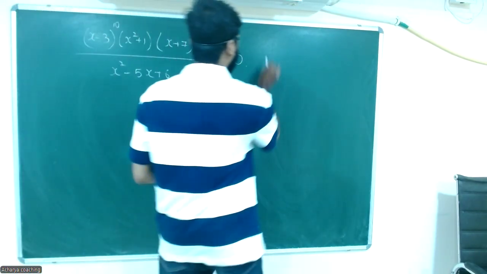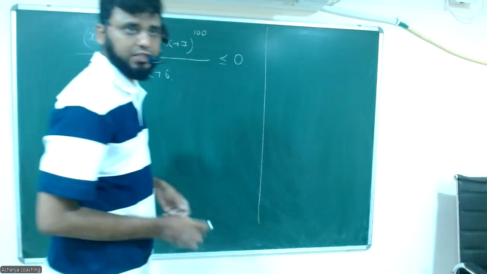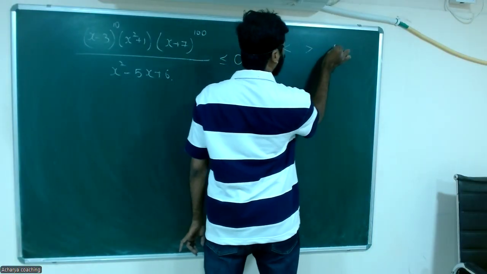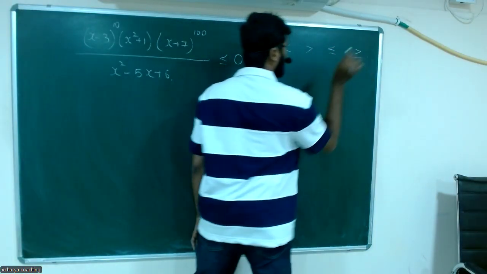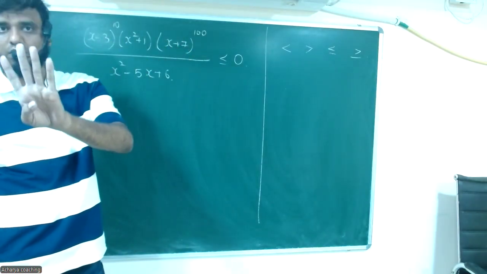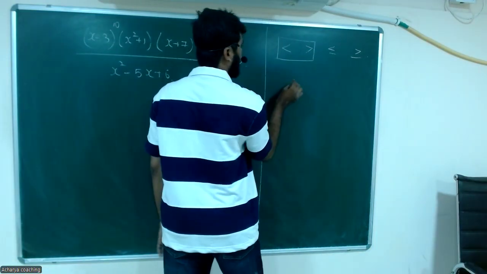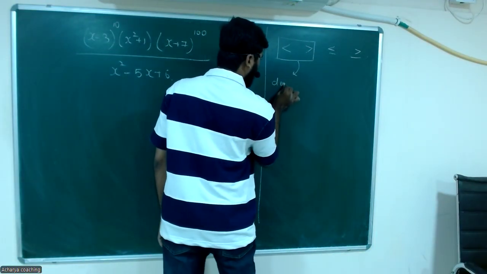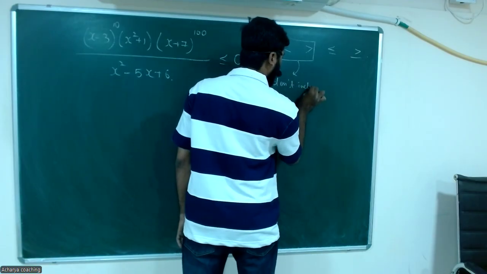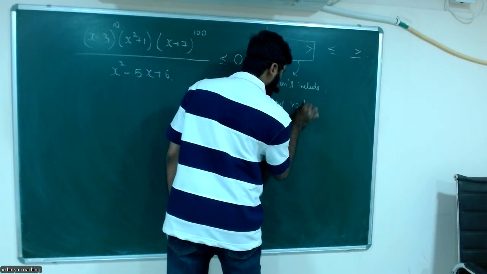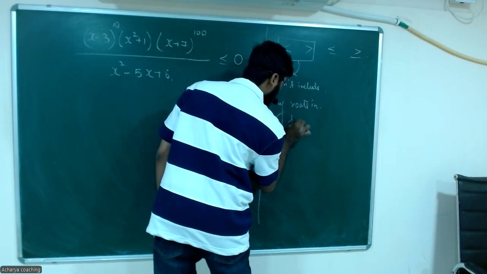See here, after writing in this format, we have less than, greater than, less than or equal to, and greater than or equal to. We have 4 types of inequalities. If it is less than or greater than, don't include any roots in the solution.